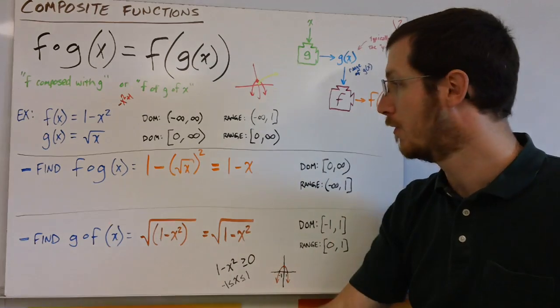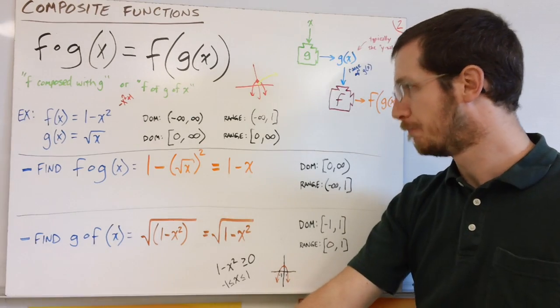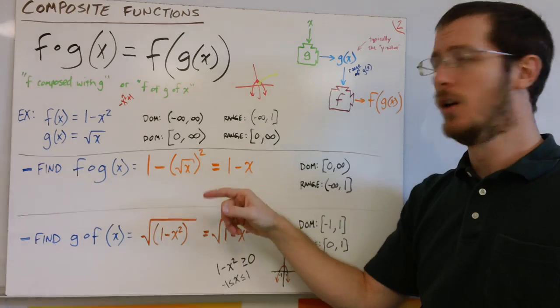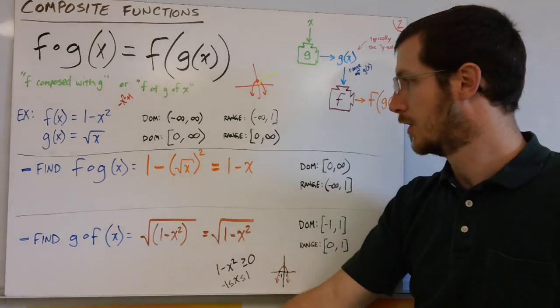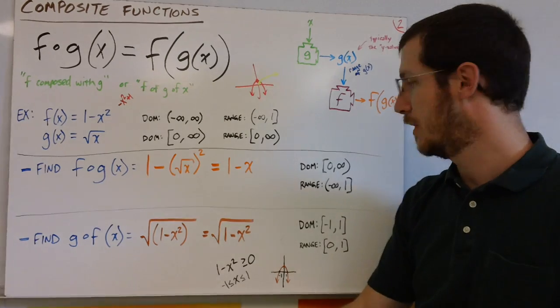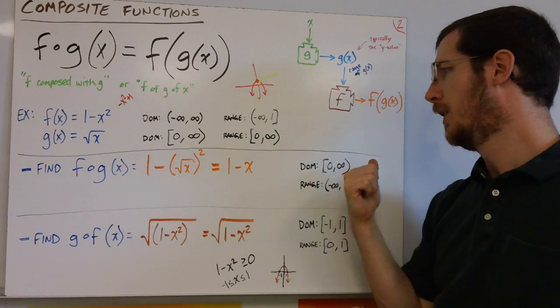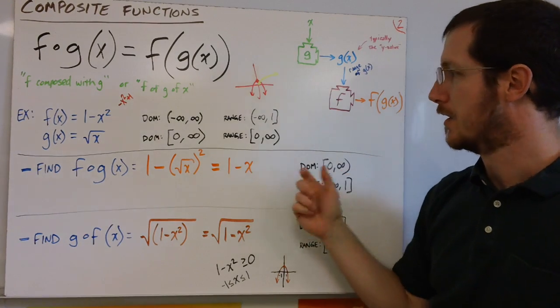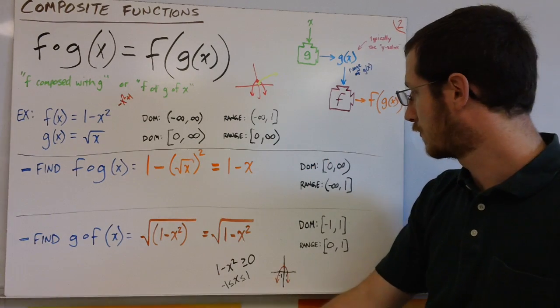But we've got to be careful with the domain and range of our composite functions. Since we're putting into our f function only what comes out of our g of x function, we've got to be careful about domain and range. So the domain for this function is only from 0 to infinity. That's inherited from the g of x function.